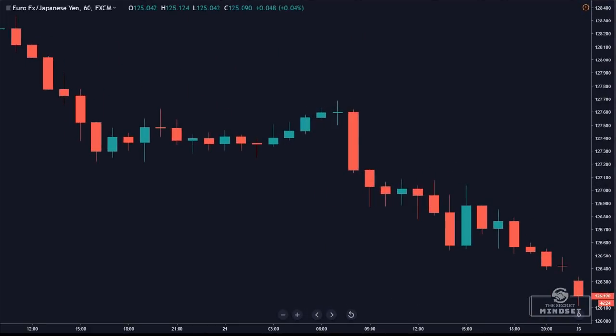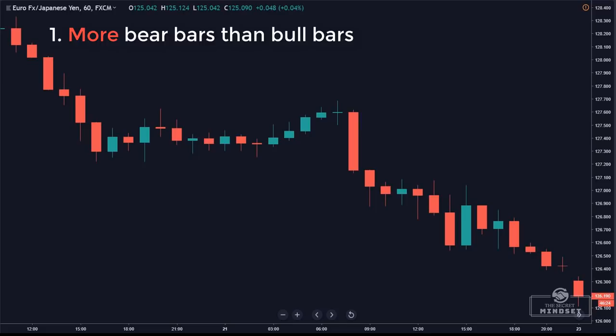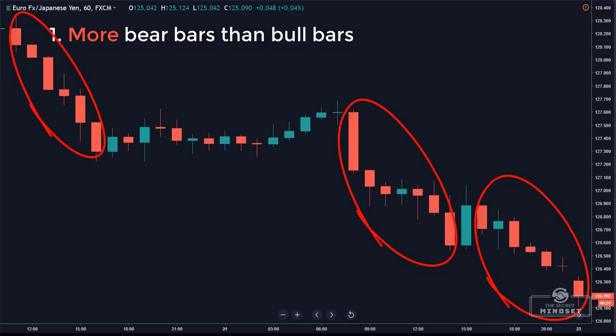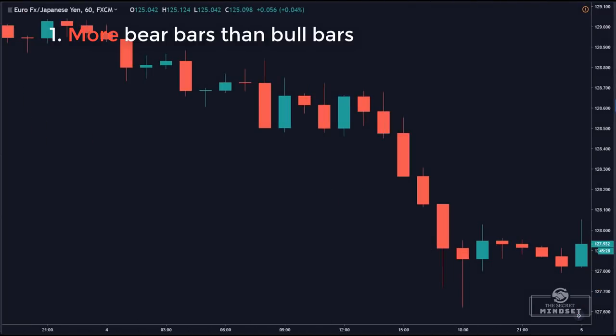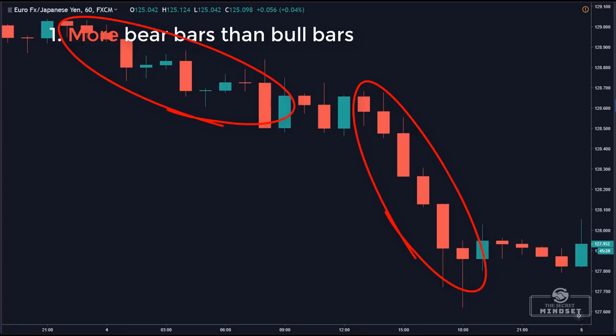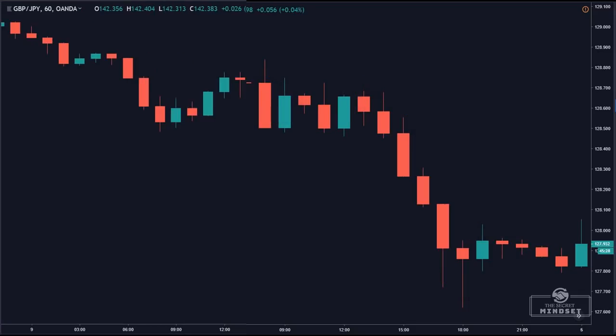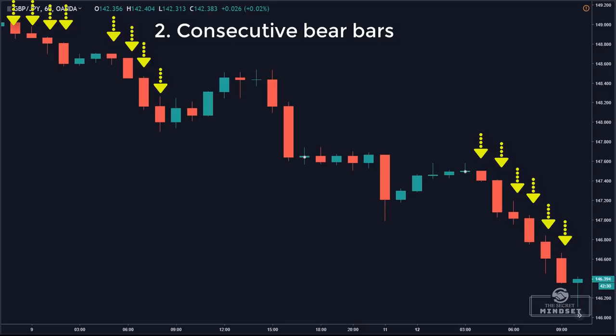Now let's look at the bar patterns for a market controlled by the bears. First, we have more bear bars than bull bars. This means that the bears have more power and are moving the market downwards. Also, we will see consecutive bear bars.